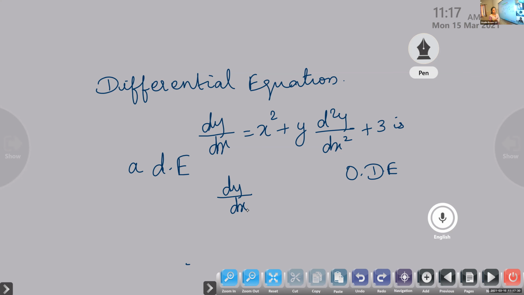How many times are we differentiating? Only one time. Is it okay? So here, listen children, you should know the definition. What is given here? An equation involving derivatives of the dependent variable with respect to the independent variable.